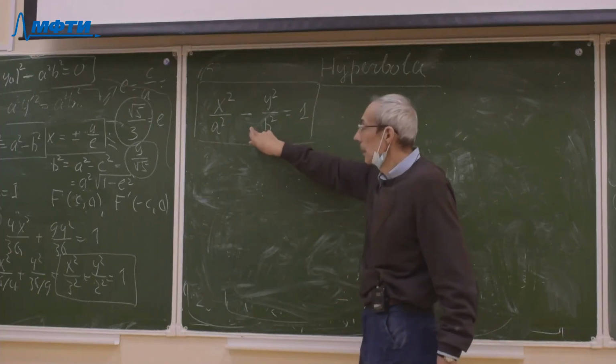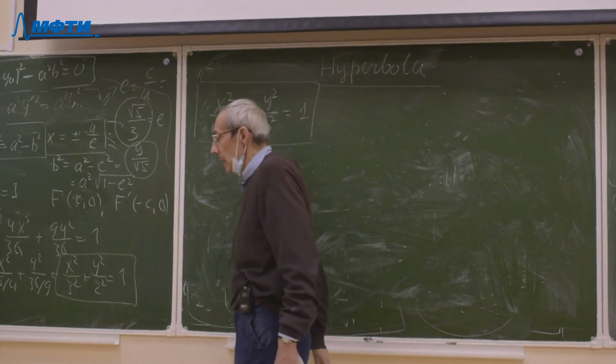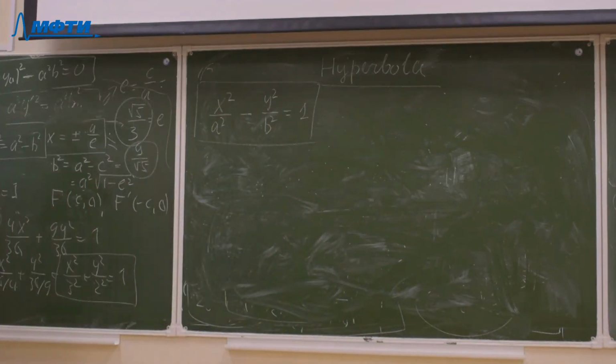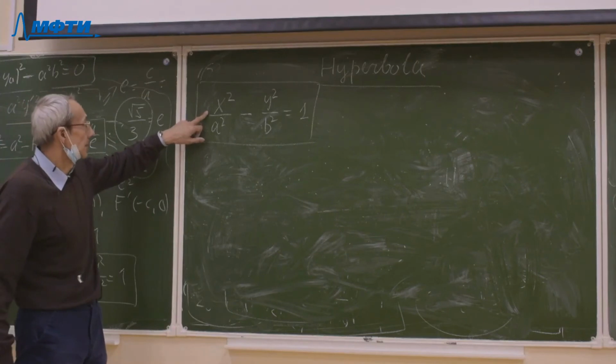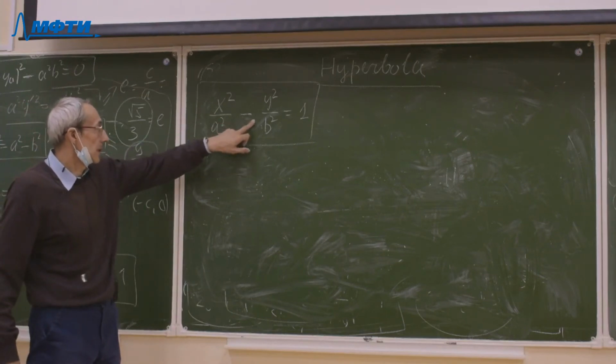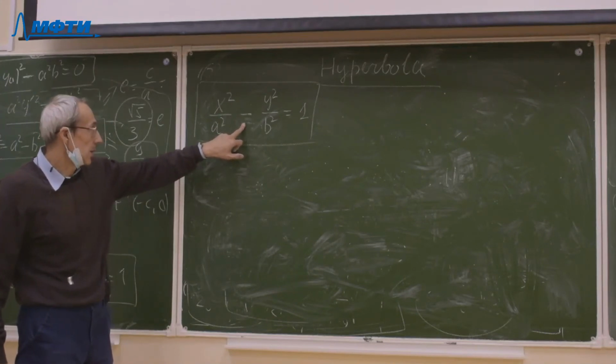The canonical equation of the ellipse is the sum of these terms with x squared and y squared. In the case of the hyperbola, the sign is minus.